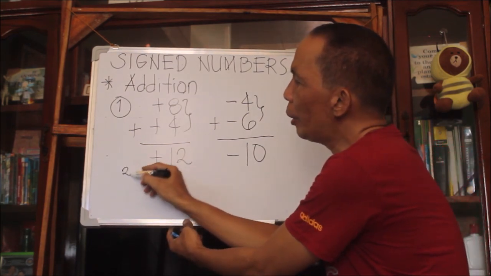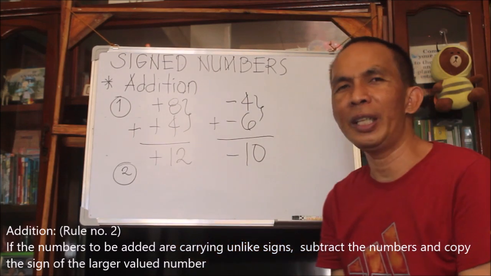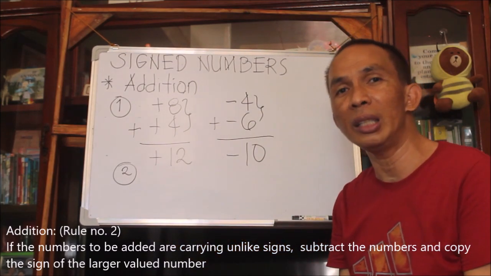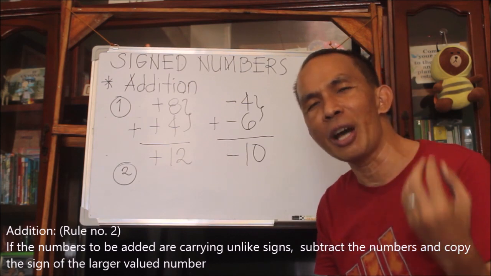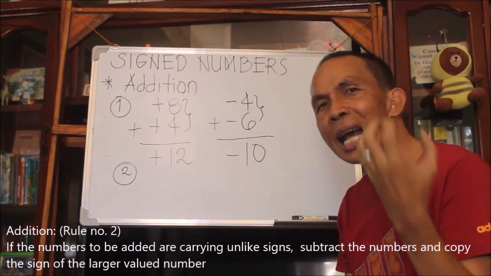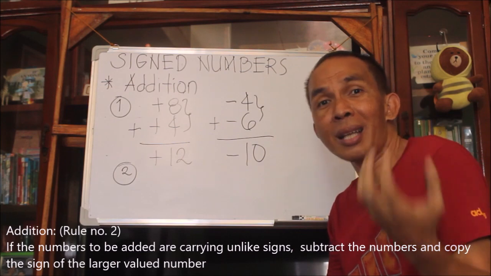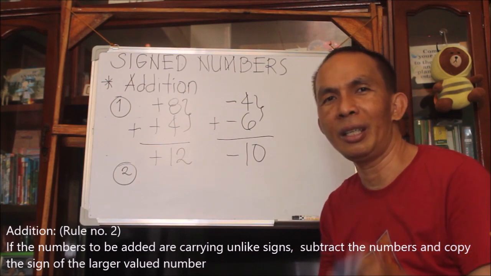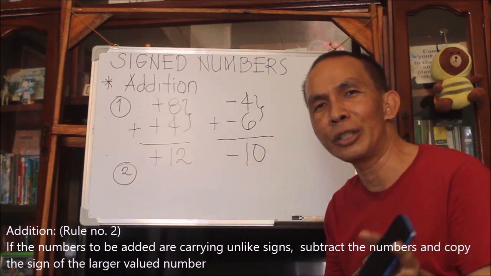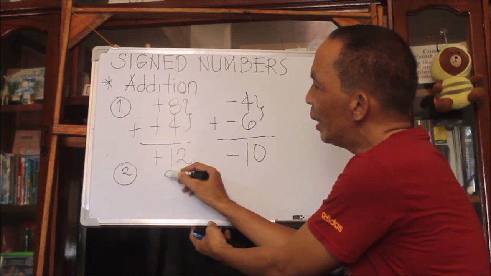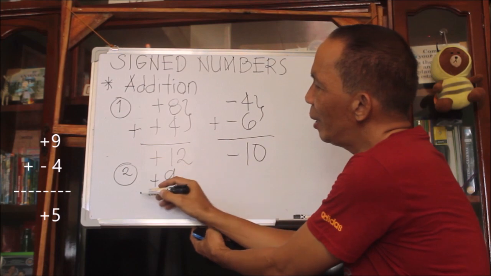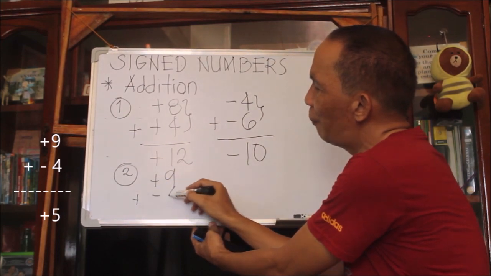Okay. Rule number 2, if the numbers to be added are carrying unlike signs, all you have to do is subtract the numbers, then copy the sign of the larger valued number. Example, positive 9 plus negative 4.